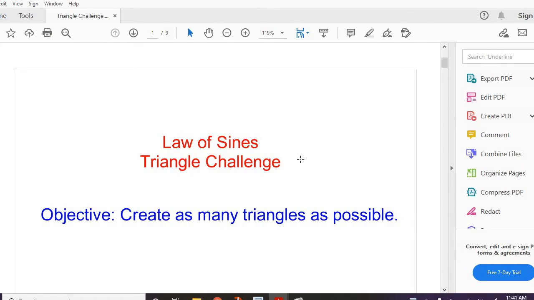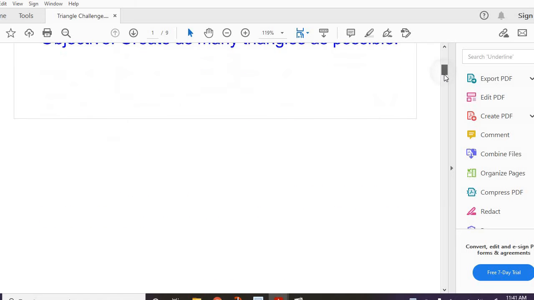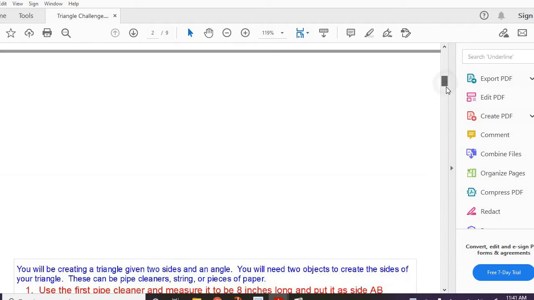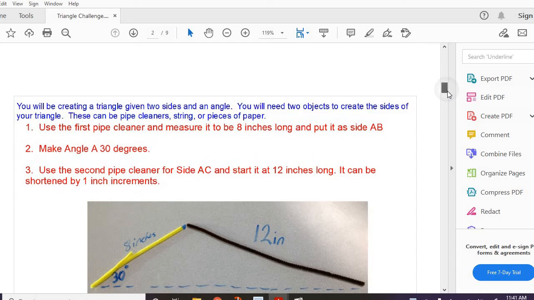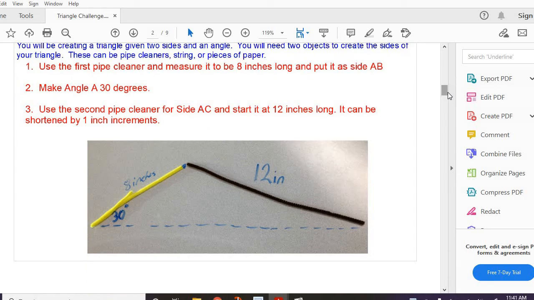So remember from yesterday, we looked at our triangle challenge, which was basically to look at, given some information, how many triangles can we make. The information that's going to be the same for all of your triangles is that this angle is going to be 30 and this side is going to be 8 inches.